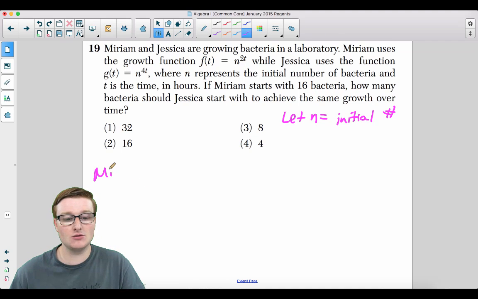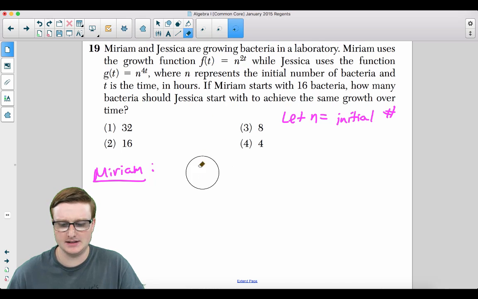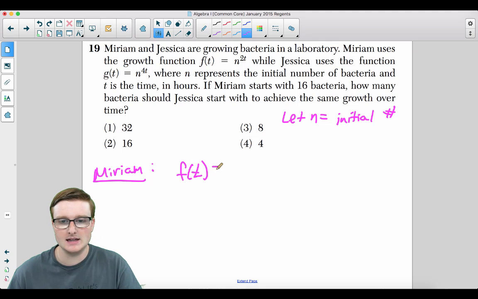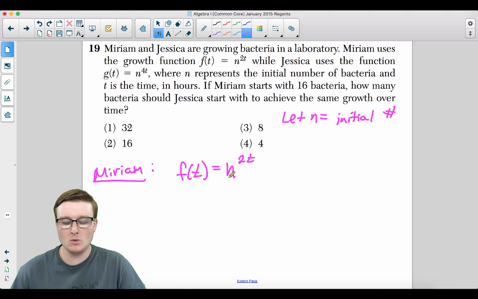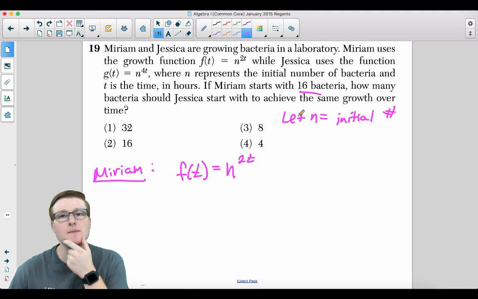So we'll talk about that in a second. Now, I'm going to write down Miriam's function. Miriam is f of t is equal to n raised to the 2t power. Okay? So what that means is Miriam starts with 16 bacteria.